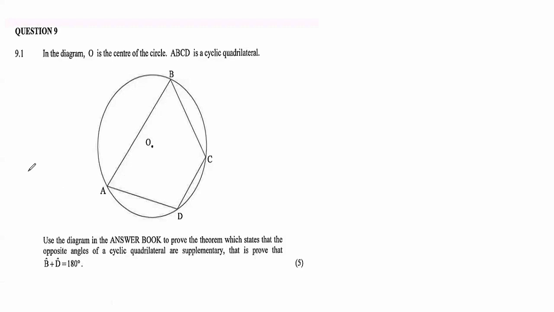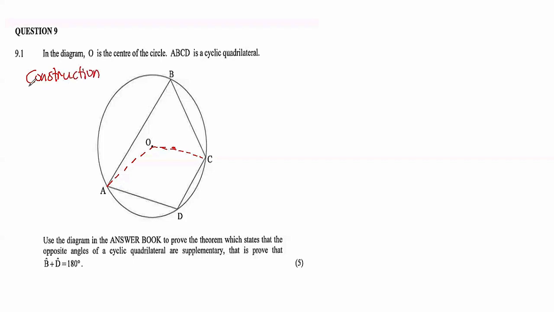So that starts with our construction. We have to show that the construction will be A to O, which is a radius, and then O to C, which is also another radius. So OA, OC, radii. Then on our construction, we have to tell them. So this is construction.